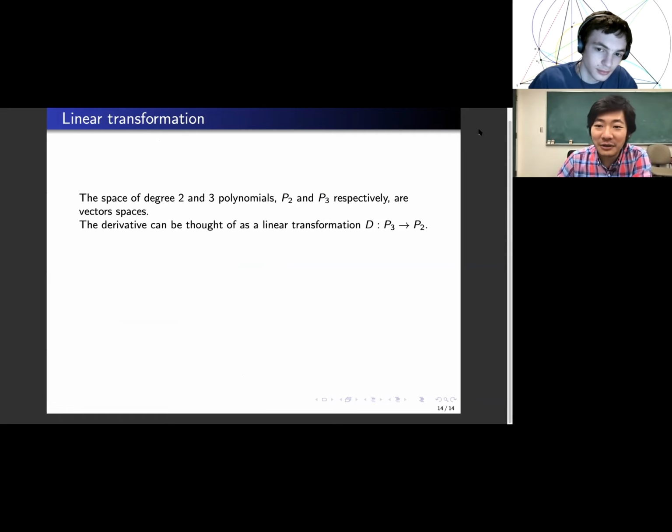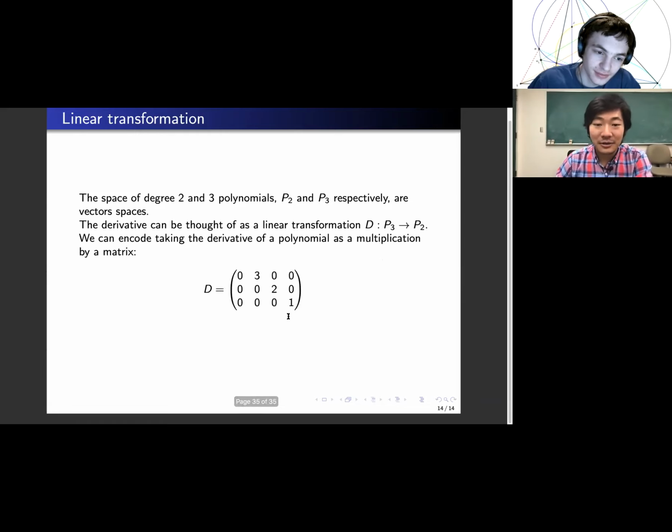So if you don't know what it is, then don't worry. It's just a thing. But if you have seen it before, then you'll be impressed to know that you can represent a derivative of a polynomial by a matrix. So this is your matrix. So why is this representing the derivative?